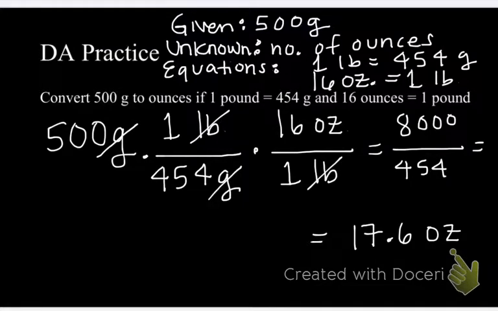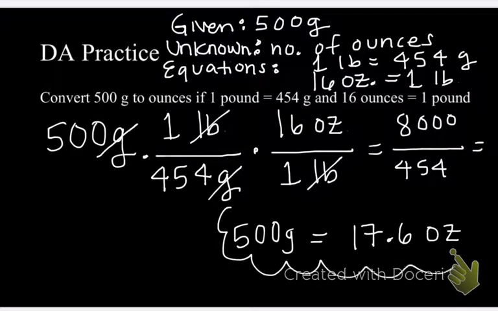So therefore, 500 grams is equal to 17.6 ounces, which makes sense because 454 grams is about 1 pound, and 1 pound is about 16 ounces. So this is a good conversion for us.